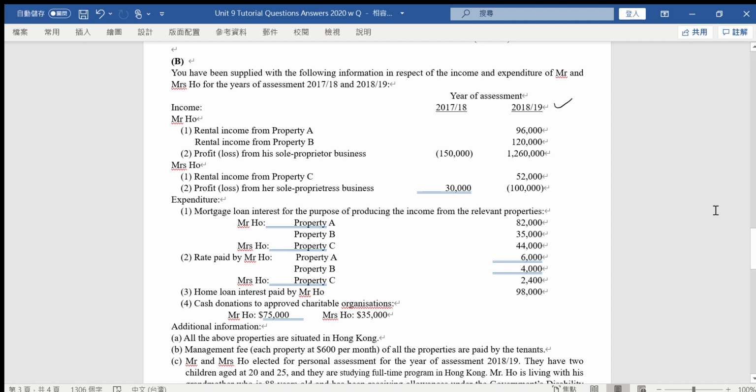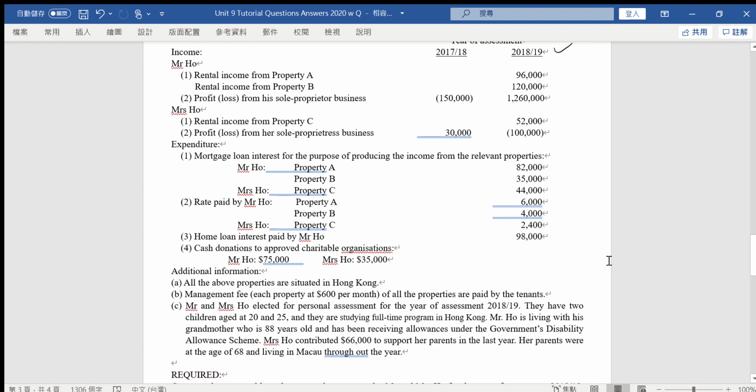Looking at that, you will find that Mrs. Ho doesn't have much income, right? And most likely Mr. Ho should be the person who has net chargeable income.